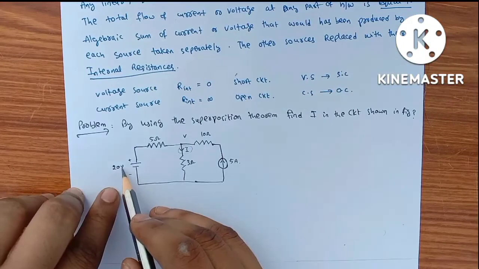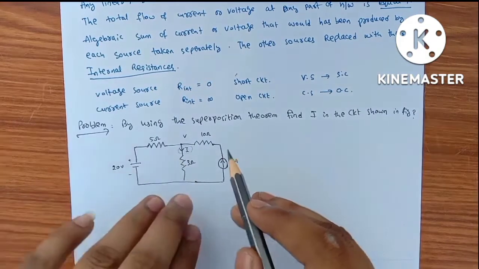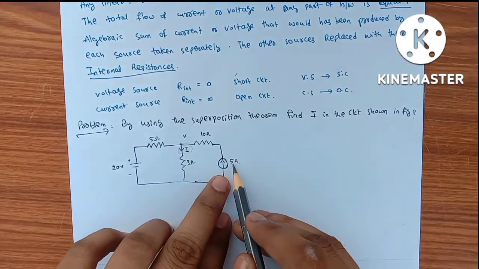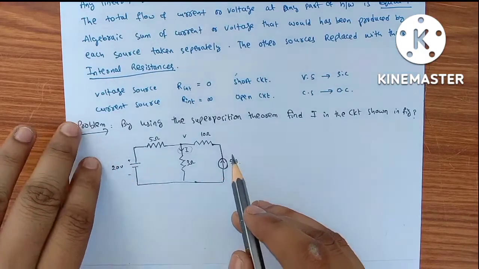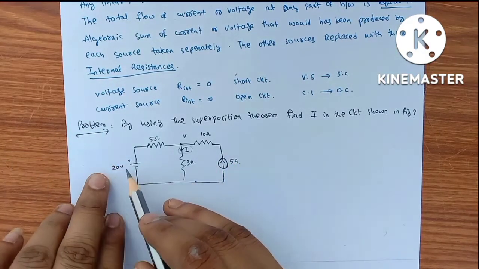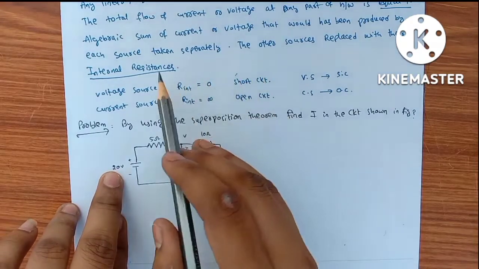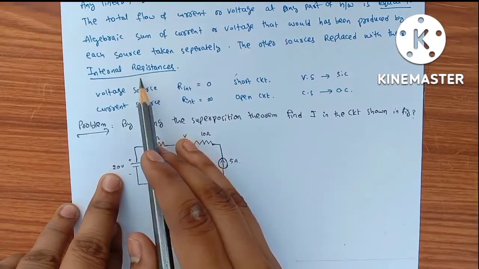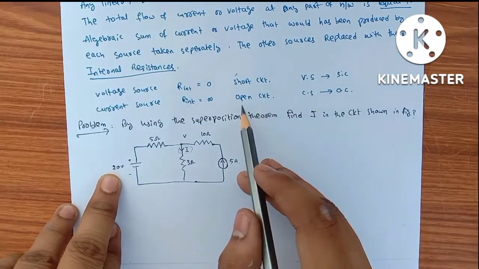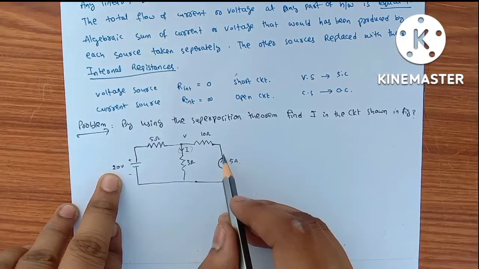So we take first the 20 volt source and then the 5 amp source. When we take the 20 volt source, we replace the 5 amp source with its internal resistance; simply, we open circuit this 5 amp source.